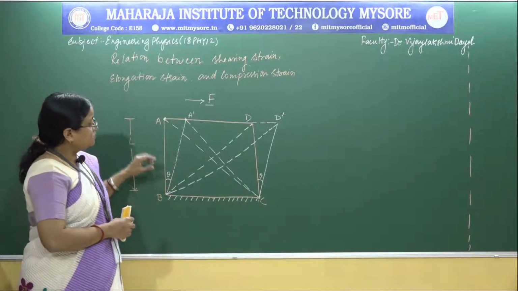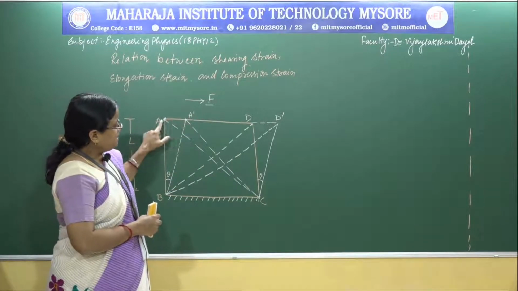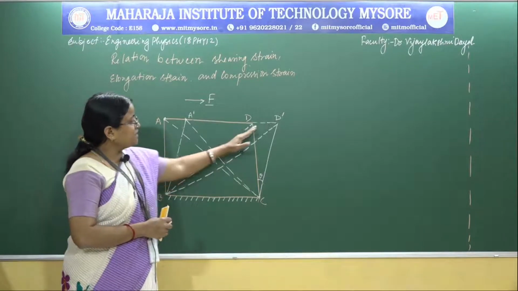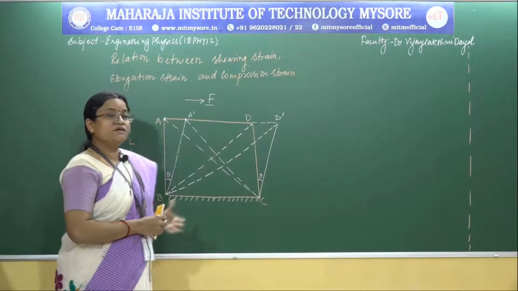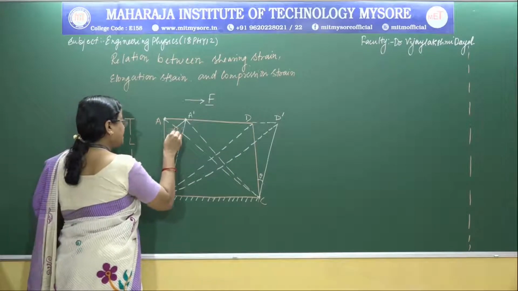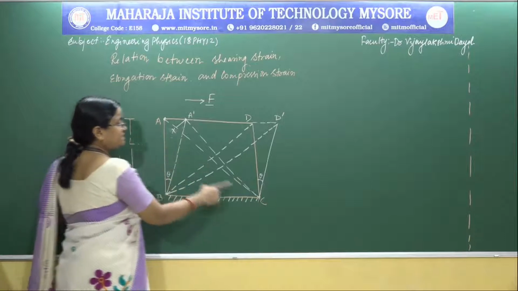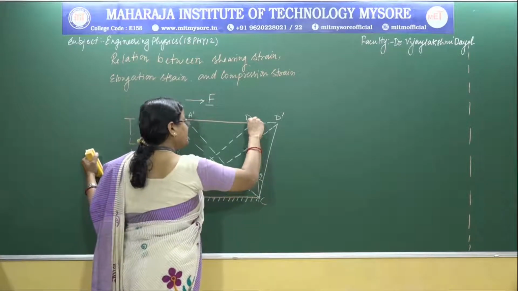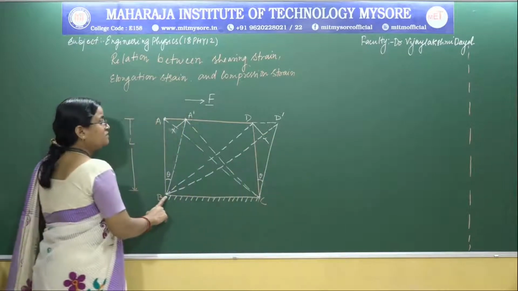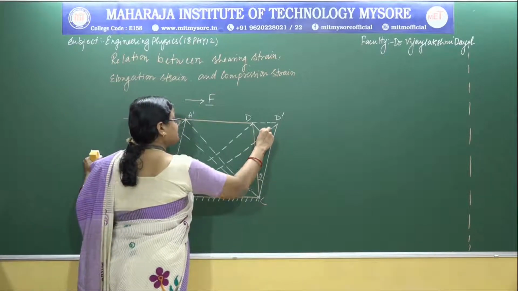To find out how much AC got compressed and by how much BD got elongated, we will drop a perpendicular AX on AC and perpendicular BY on BD dash.